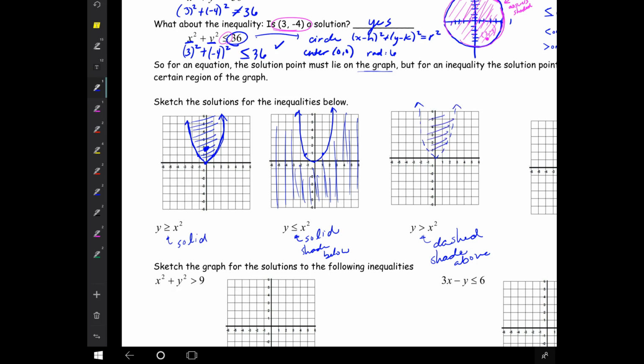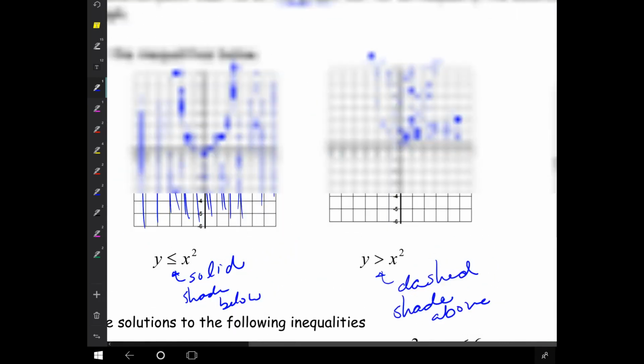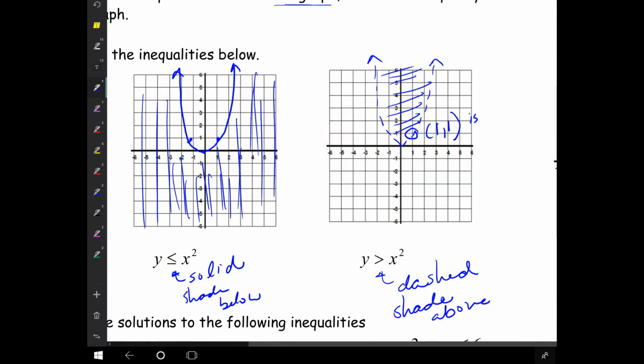And then just to really drive this point home, if we choose a point that's actually on the dashed line, we want to make sure we know why it's dashed. For example, this point (1, 1), it has to be dashed because I want to show that (1, 1) is not a solution.